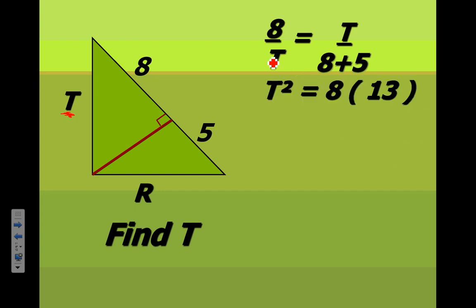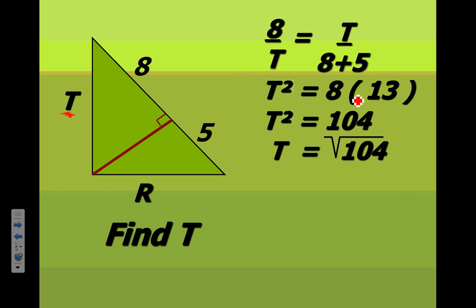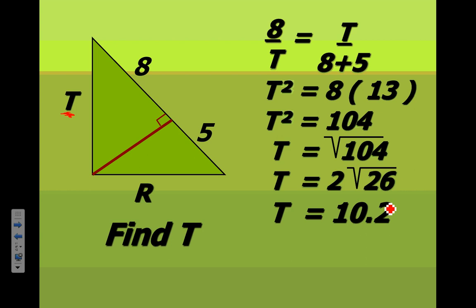We cross multiply, t squared equals 8 times 13. T squared is equal to 104. T is equal to the square root of 104. And 104 is divisible by 4. It's 4 times 26. So t is equal to 2 times the square root of 26, or 10.2.